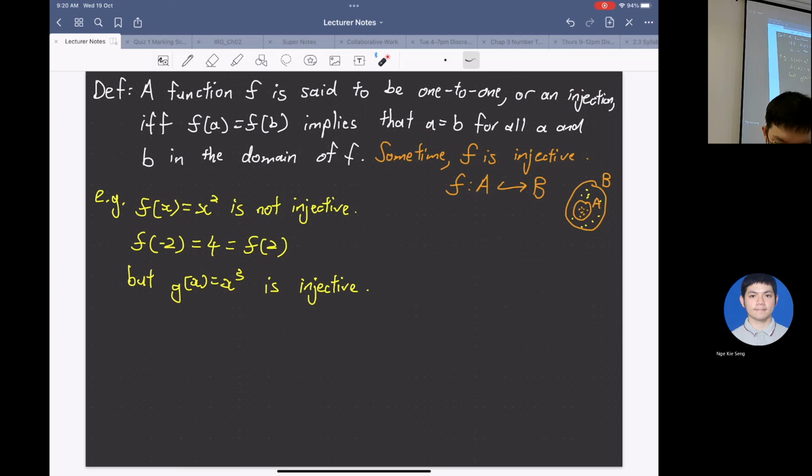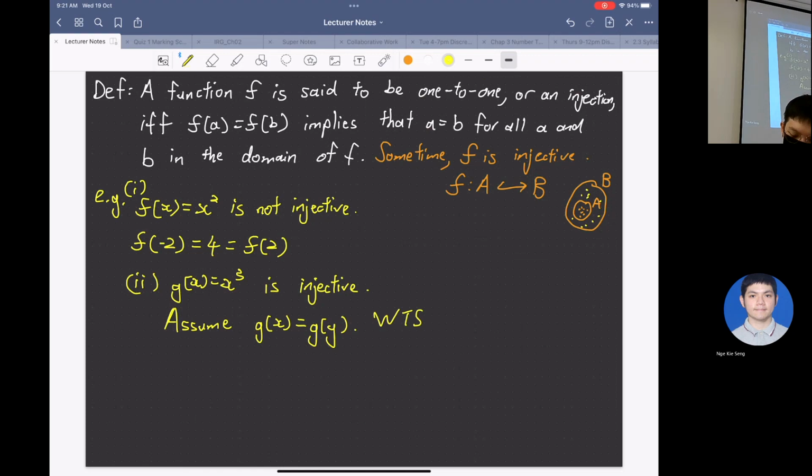So you assume g(x) equal to g(y) first. You want to show x equal to y.